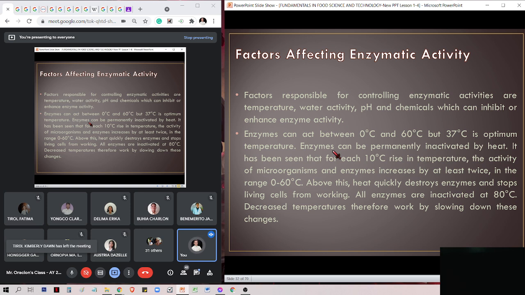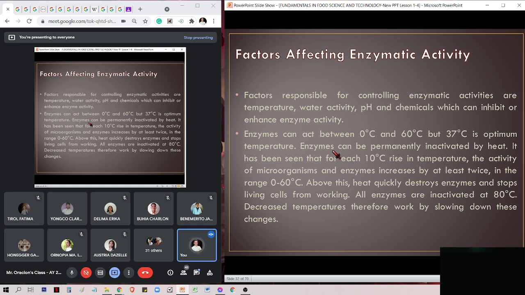Another thing, enzymes can work between 0 degrees Celsius and 260 degrees Celsius, but 37 degrees Celsius is the optimum temperature. Enzymes can be permanently inactivated by heat.